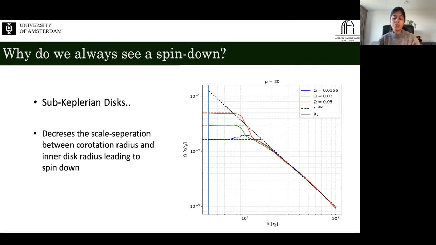So we have some explanation for why these disks are sub-Keplerian. Maybe this sub-Keplerian behavior happens when you have an Alfvén speed which is close to the sound speed. So maybe it's the magnetosphere which makes it sub-Keplerian somehow. But this actually solves why we do see a spin-down, which is great.